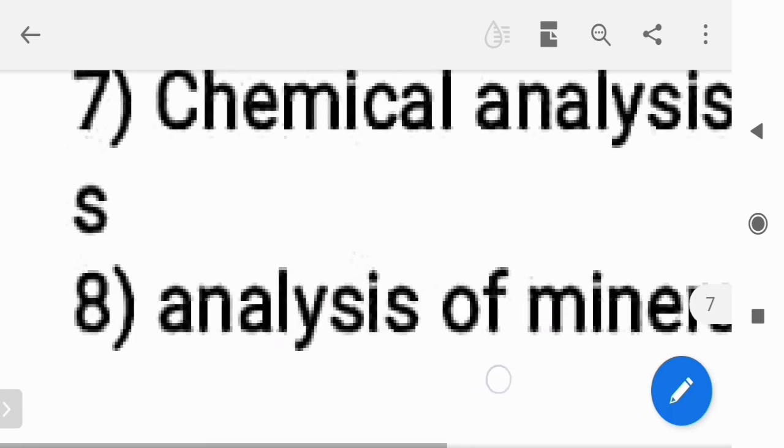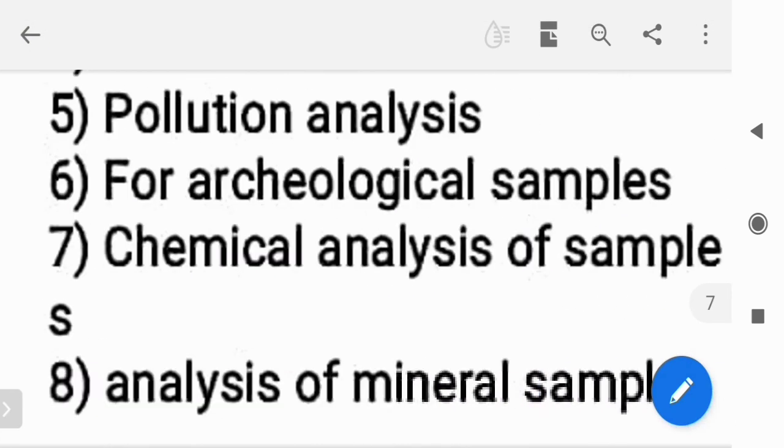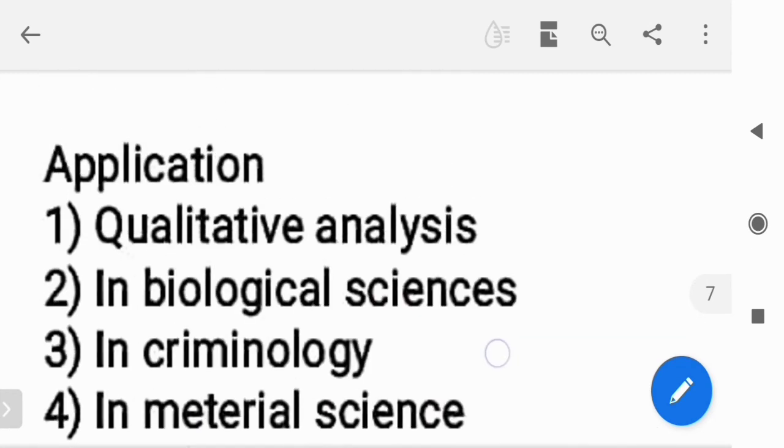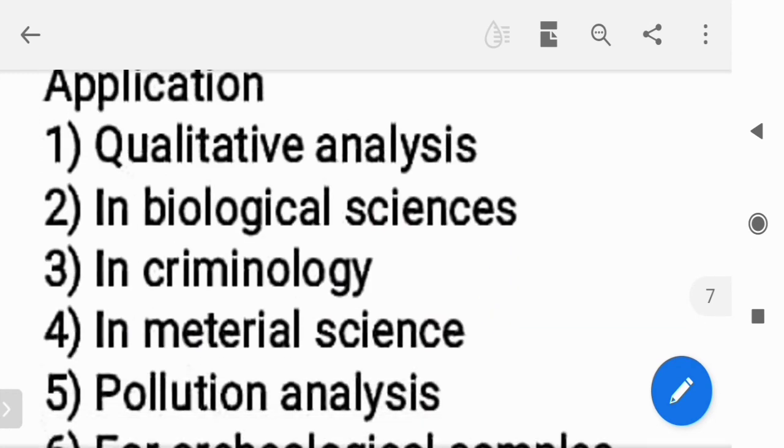Okay, so next we are seeing the general applications of this technique. The first application is in the biological sciences. In biological sciences, the essential as well as non-essential elements present in the biological system, as well as certain living matter containing primary elements, can all be determined by using this technique.